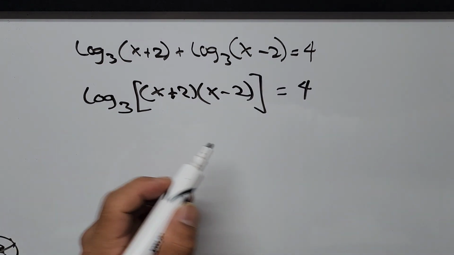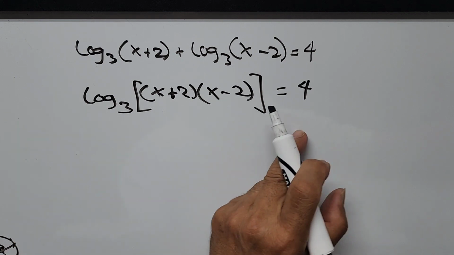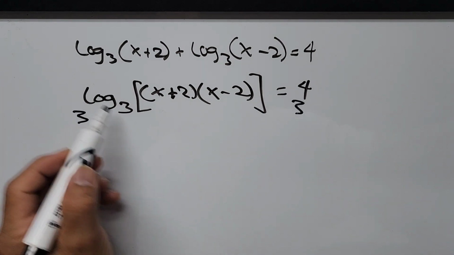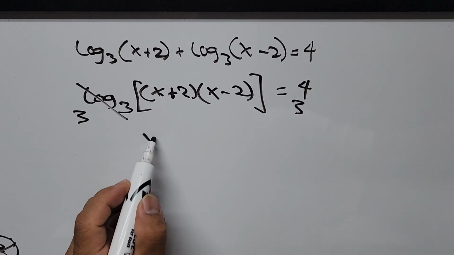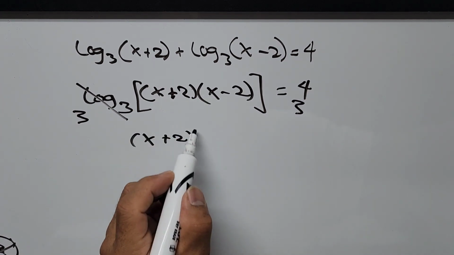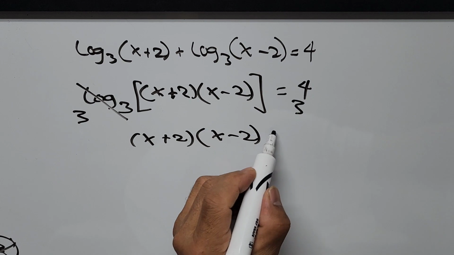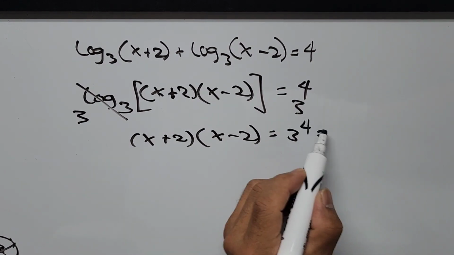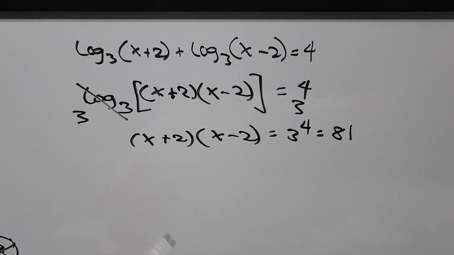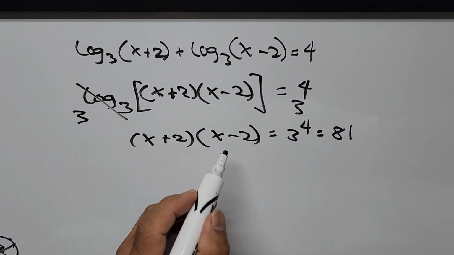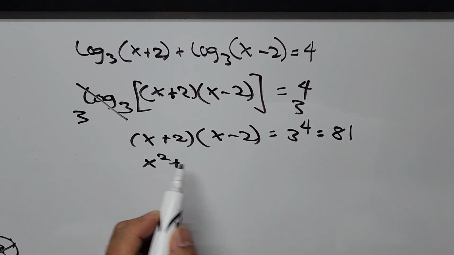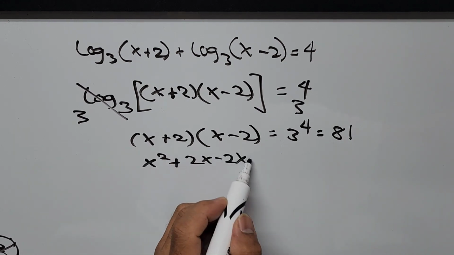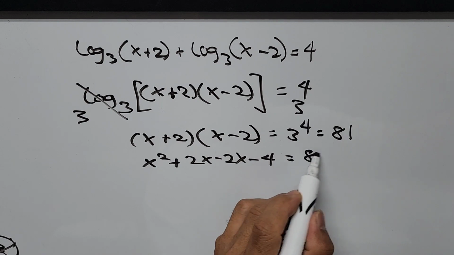From here, we exponentiate both sides of the equation with base 3, right? So this cancels, and we have x plus 2 times x minus 2 equals 3 to the 4th power, which is 81. So we FOIL these two factors: x squared plus 2x minus 2x minus 4 equals 81.